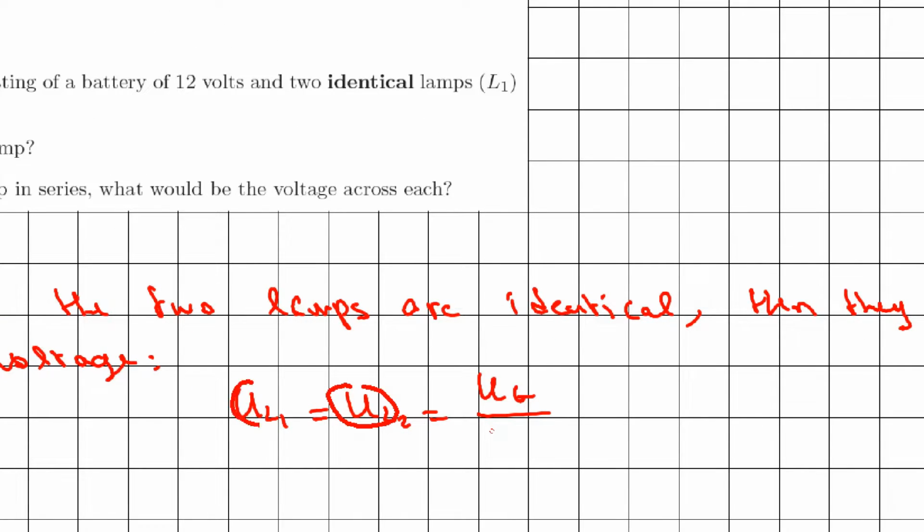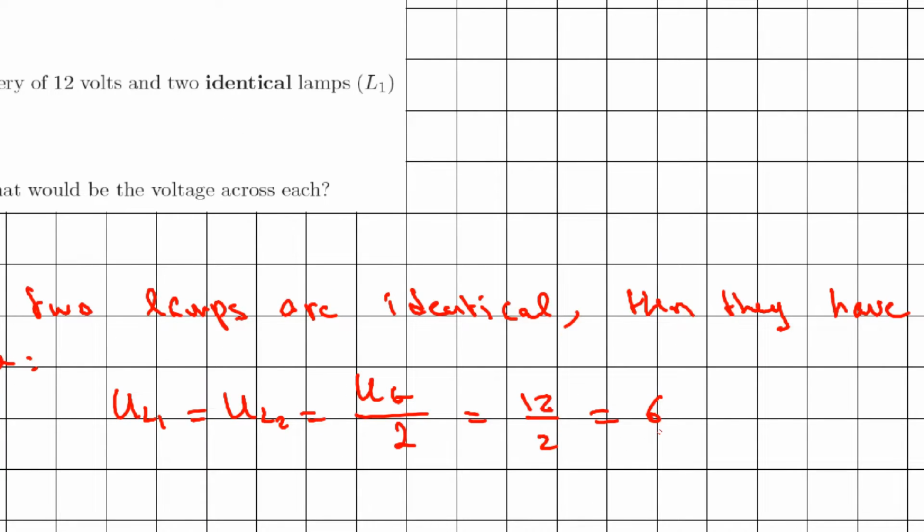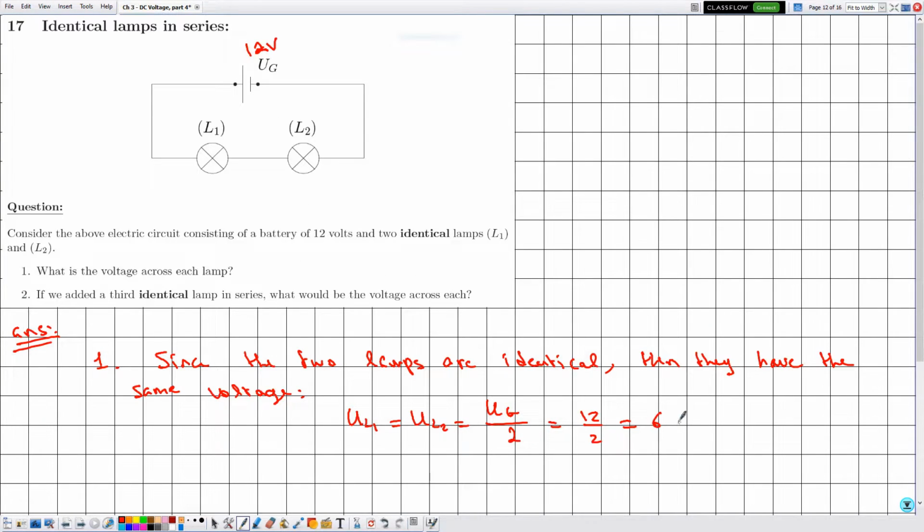Here we have 2 lamps, so 12 divided by 2, which gives us 6. Since 12 is expressed in SI, the voltage of the lamps is expressed in SI. Then the voltage UL1 of the first lamp is 6 volts, and the voltage of the second lamp is 6 volts as well.